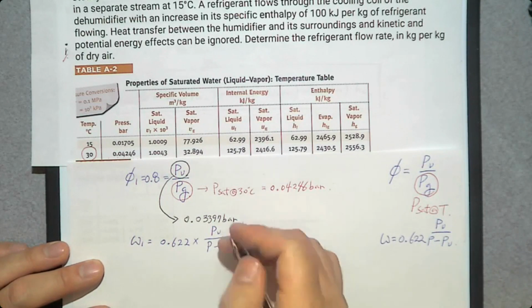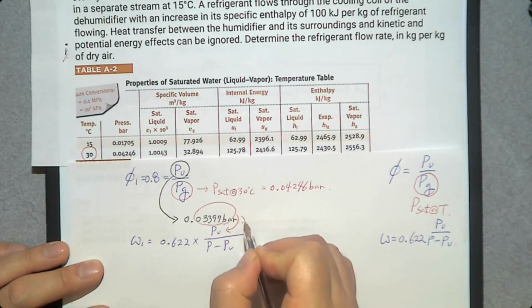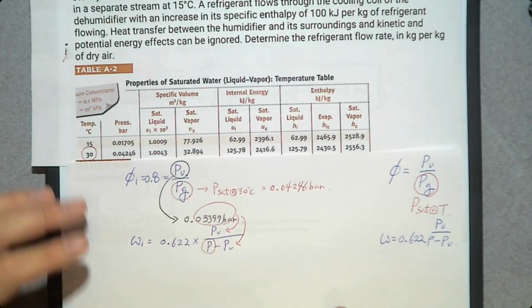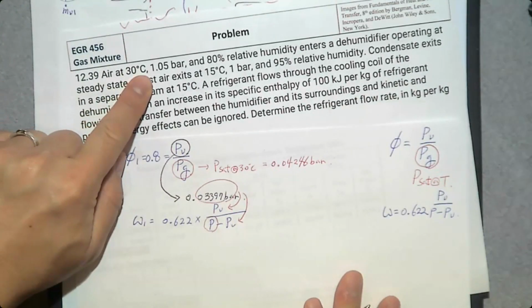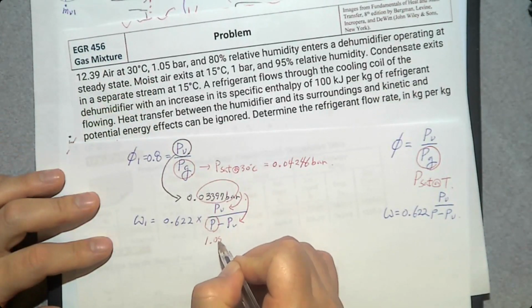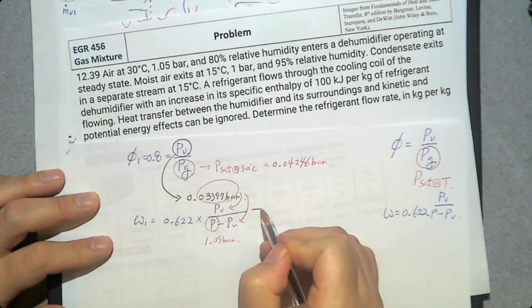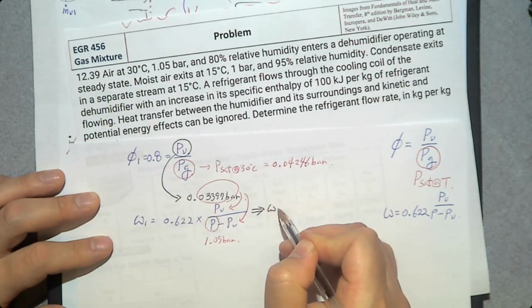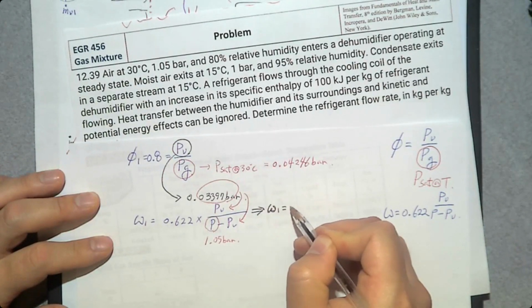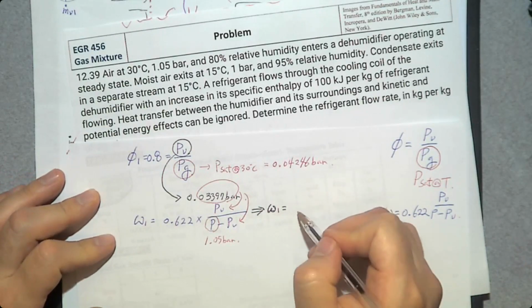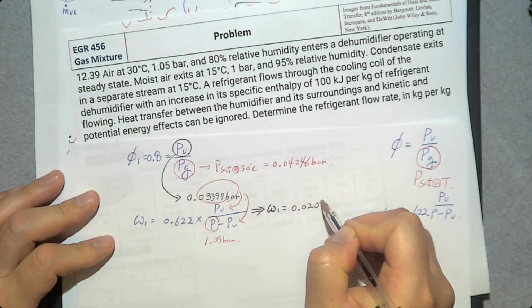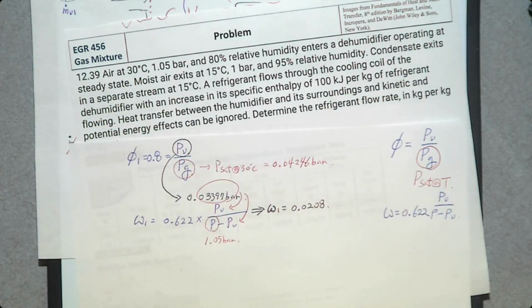Do we have PV? Yes, this one is PV, goes here and goes here. What is the pressure at the inlet? 1.05 bar. So we have everything. Can you determine the humidity ratio? Yes. Omega 1 is going to be 0.0208. What is the unit of this humidity ratio? There's no unit because humidity ratio is mass of water vapor divided by mass of dry air.